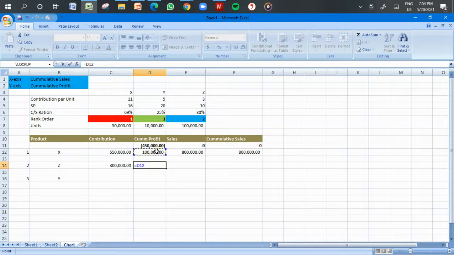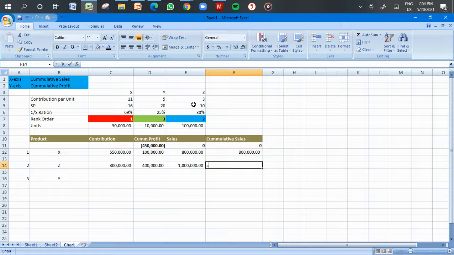It is just this one, then we add this one. So our cumulative profit will be 400,000. What is the total sales for Z? It will be the 100,000 units multiplied by the selling price, which is 10. So this one will be the sales for Z. Then what is the cumulative sales? We say this one from X, plus this one from Z.